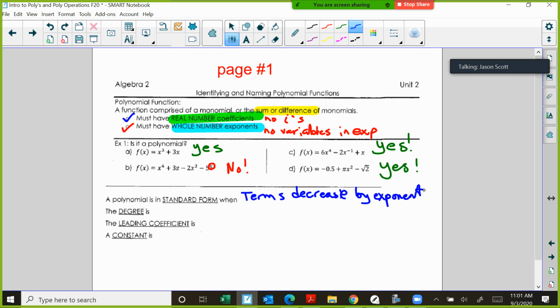So when you look at your exponents, you've got a 3 here and a 1 there. So we're going to do it based on decreasing exponent value. So the highest exponent goes first, and then we'll go down from there.